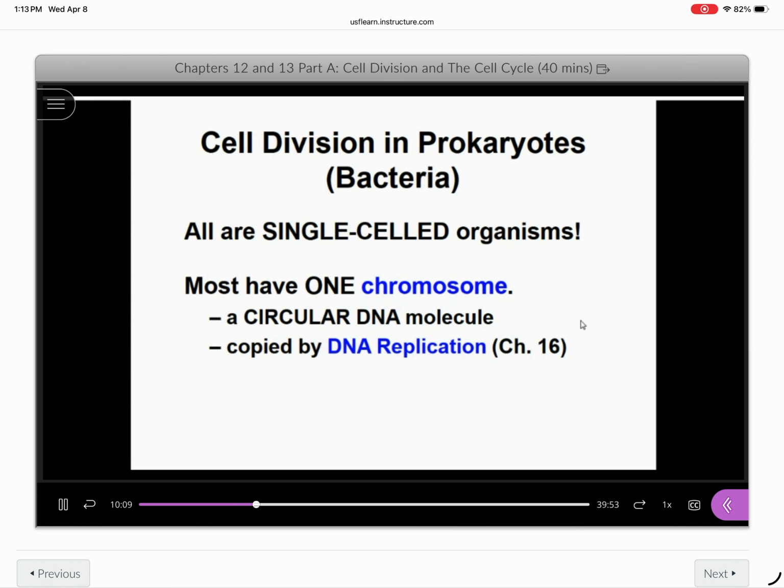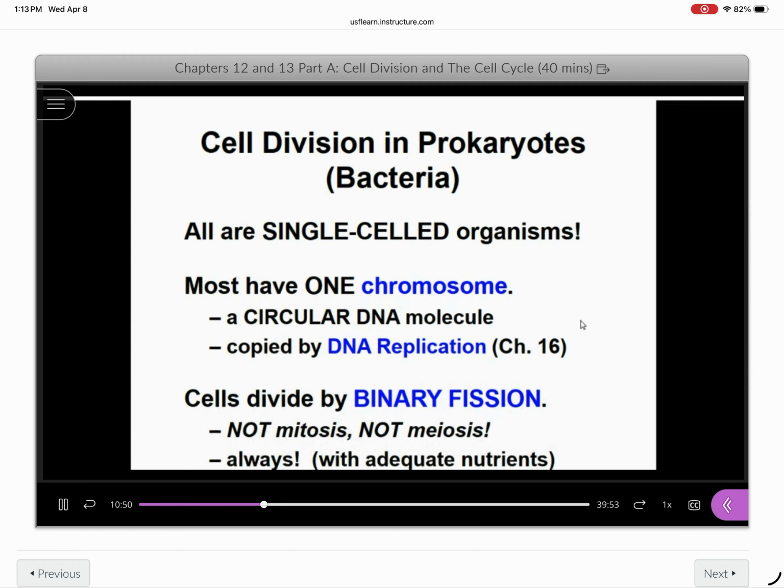If they don't, one of the two daughter cells will not have the DNA, and the life of that cell is at an end. Cells depend on DNA. As you know, it's the code that makes the proteins of the cell. Indispensable. So there's actually an order of operations here, isn't there? DNA replication, cell division. DNA replication, cell division. Those two processes always go hand in hand, DNA replication and then cell division. That's a topic that's taken up in chapter 16, and we'll be there before you know it.